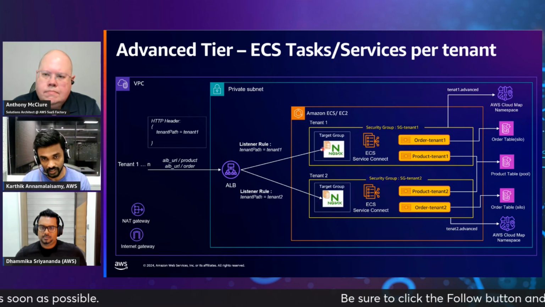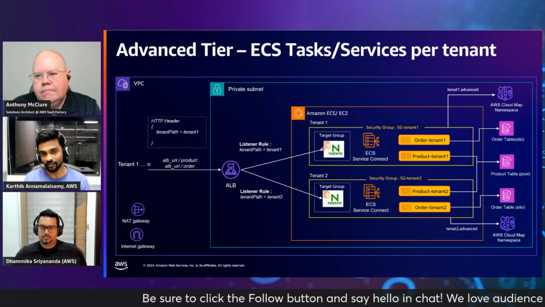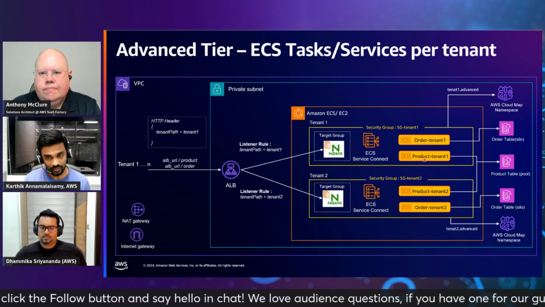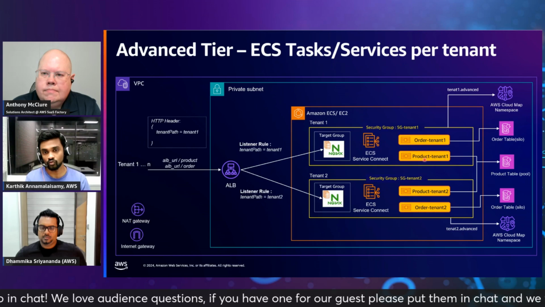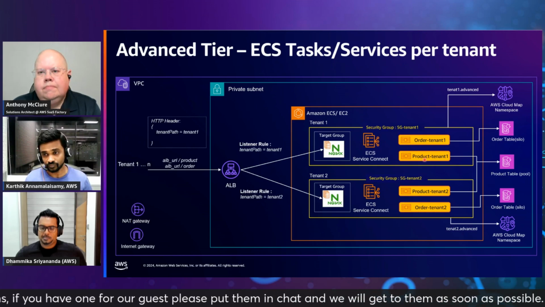We have leveraged Nginx in the reference architecture. This Nginx component receives the traffic for that particular tenant and then routes it to the respective microservices. So it's a scale mechanism where you can support up to 100 tenants in a single ALB in this approach.